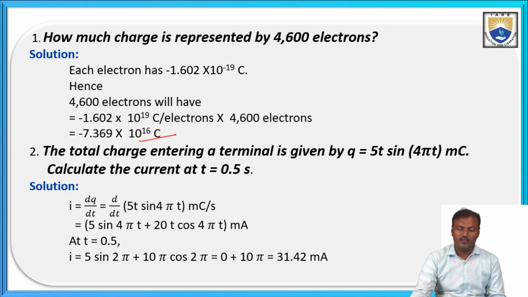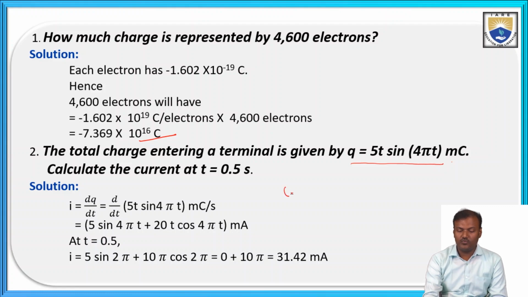Second problem, the total charge entering a terminal is given by Q is equal to 5t sine of 4 pi t millicoulombs. Calculate the current at time t is equal to 0.5 seconds. Current as per definition is I is equal to dq by dt, and Q is given as 5t sine of 4 pi t millicoulombs.